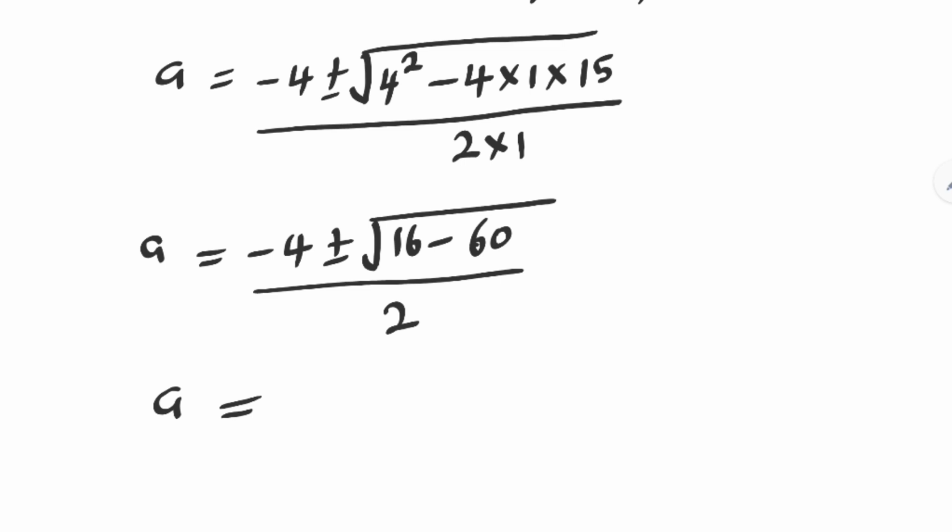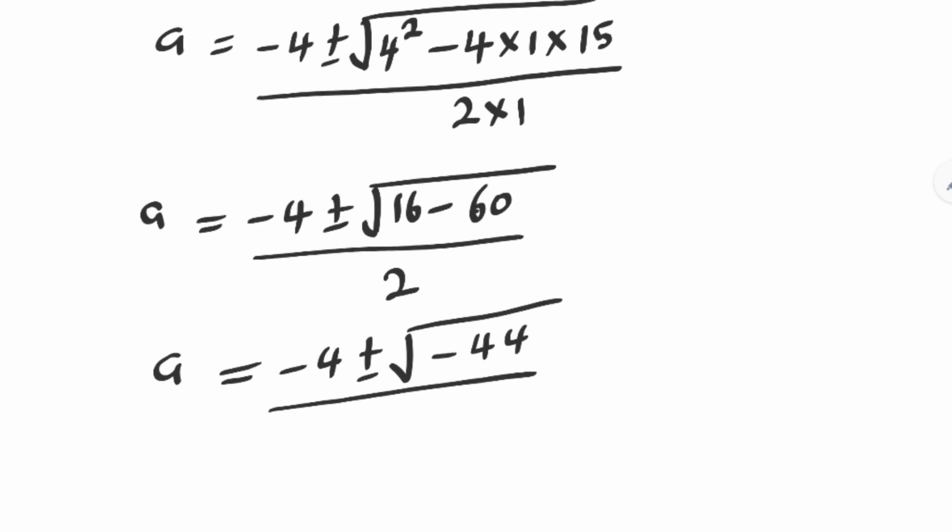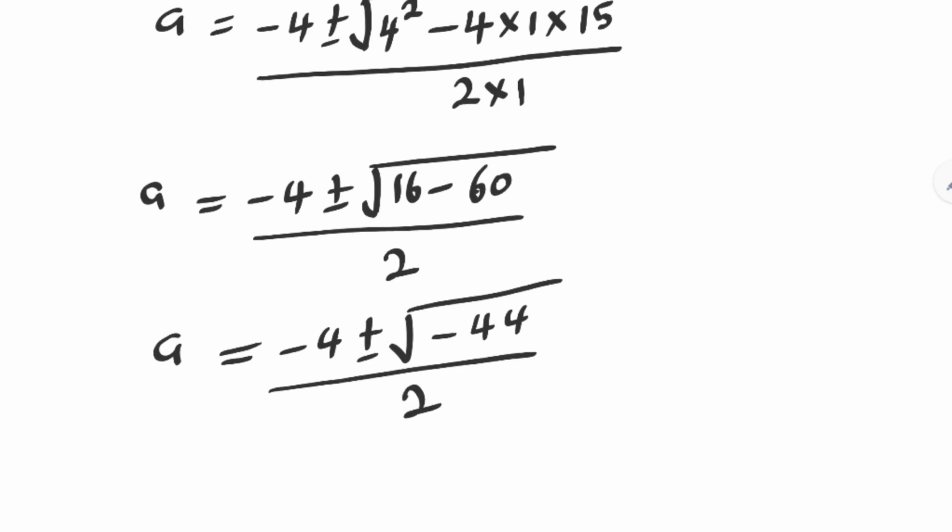a is equal to minus 4 plus or minus square root of 16 minus 60, that is minus 44, over 2.